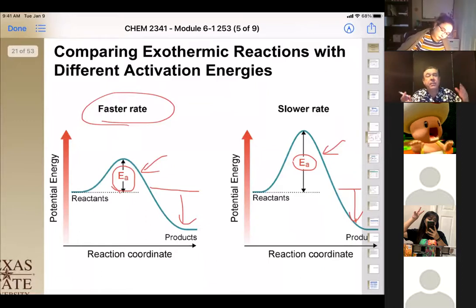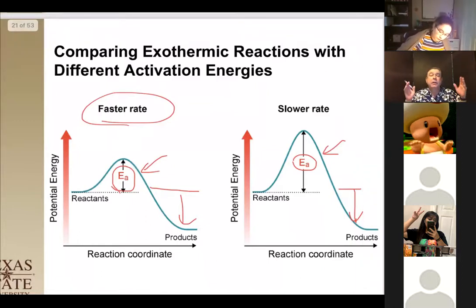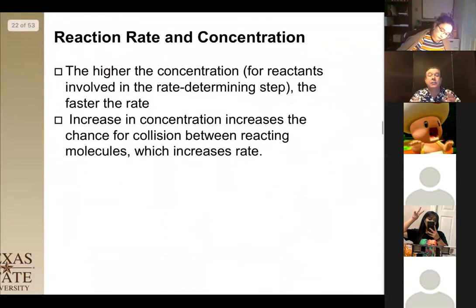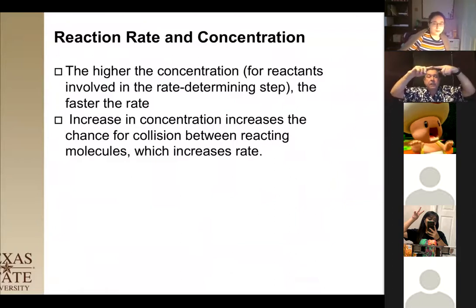Okay. But there are some things that affect kinetics. The first thing that affects kinetics is concentration. And think about that, okay, that makes sense, because to get to that transition state, you have to have two molecules there at the same time, right? And if you have two molecules there at the same time and you have very few of them, it's going to take a long time for them to actually come together and have enough energy.